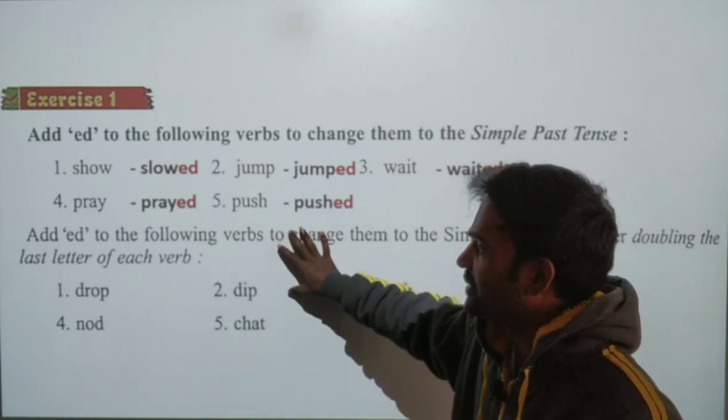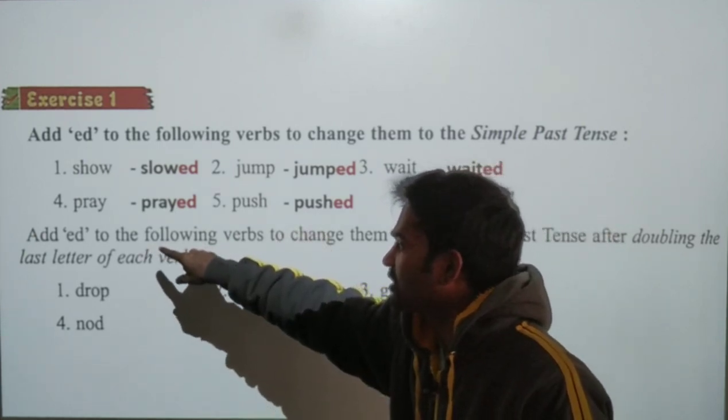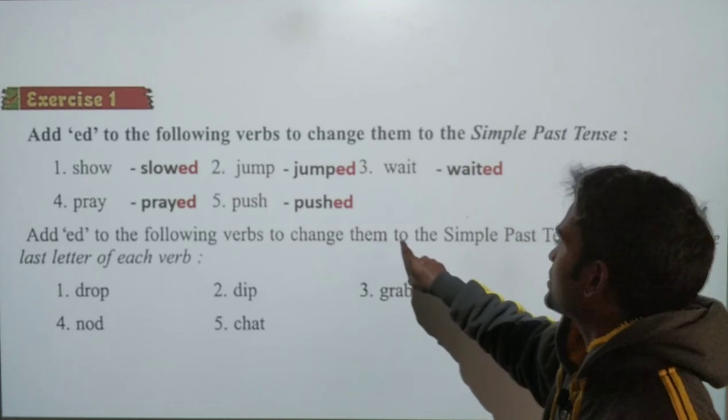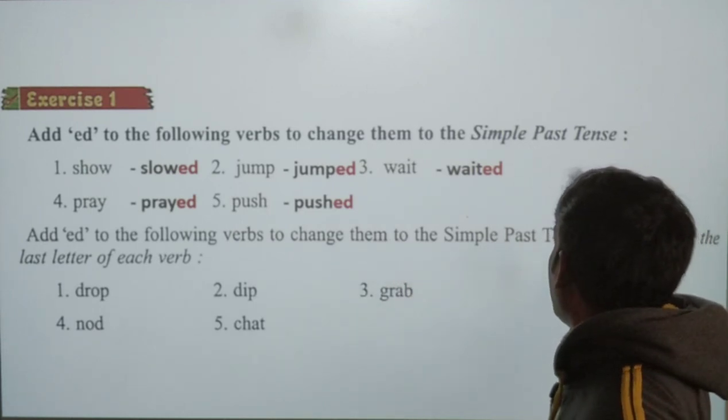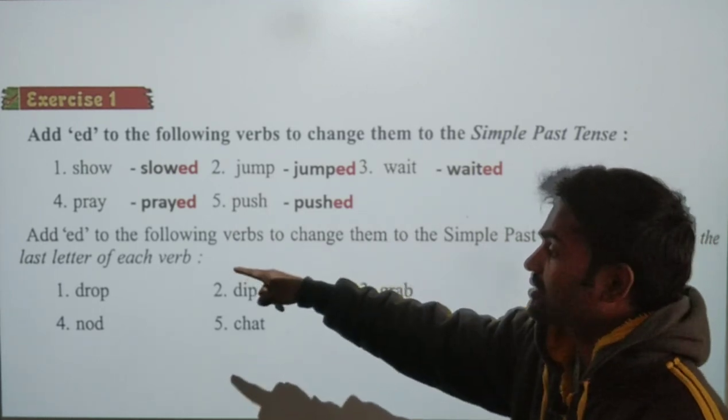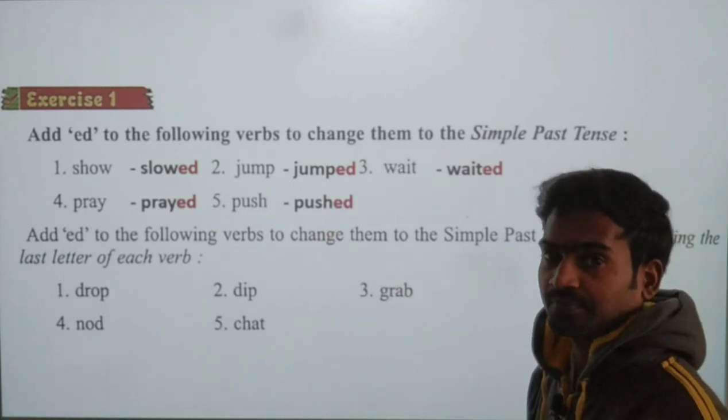But here what we are going to do: add ed to the following verbs to change them to the simple past tense after doubling the last letter of each verb.